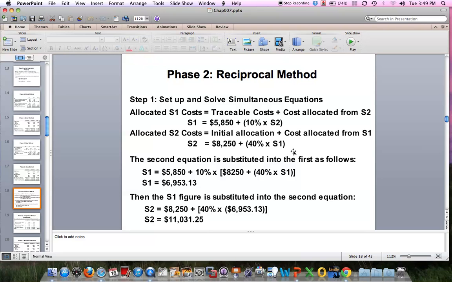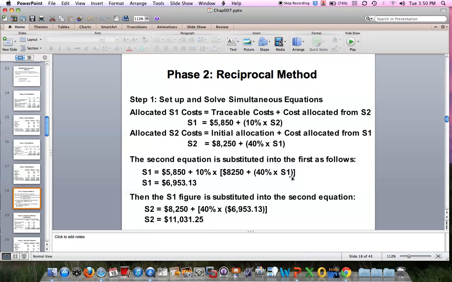Once we have that figured out, the next step is to plug it into the formulas down here. So for S1, it's 5,850 plus 10% times S2, and S2 is 8,250 plus 40% times S1.